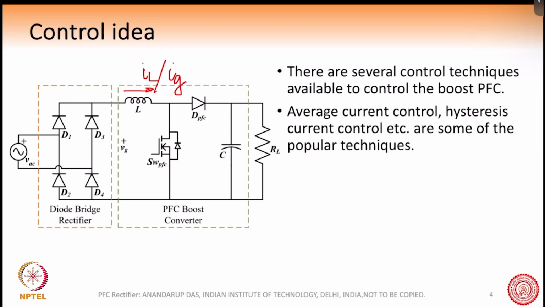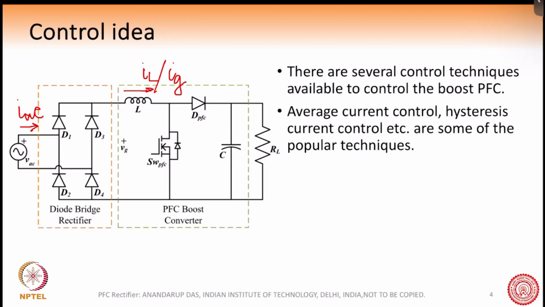We will use these two currents interchangeably because IG is nothing but the current flowing through the output of the diode bridge rectifier, which ultimately will get reflected as IAC, the AC current drawn from the AC source.